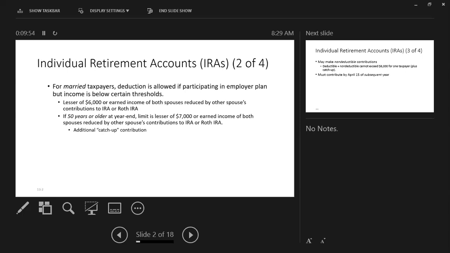If your MAGI together is between 104 and 124, it phases out. If your MAGI is greater than 124, you have no deduction at all.